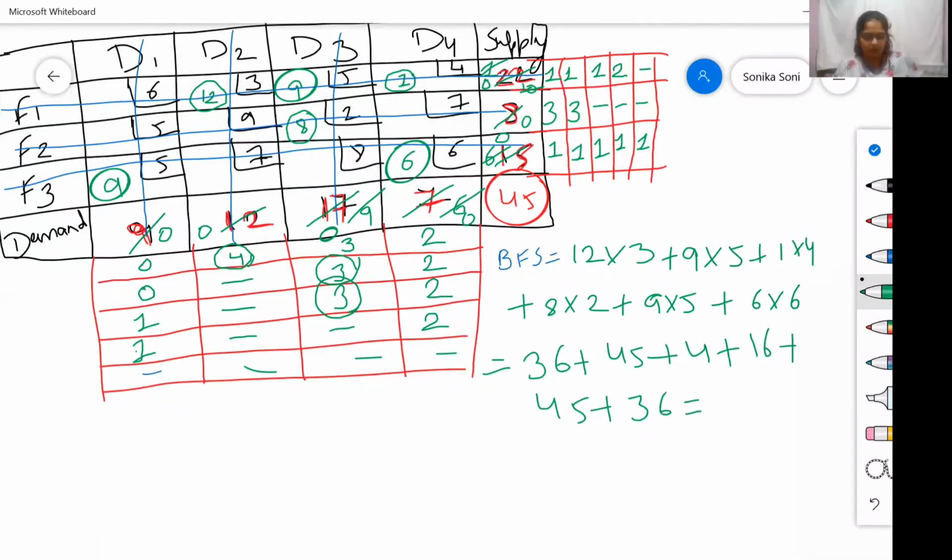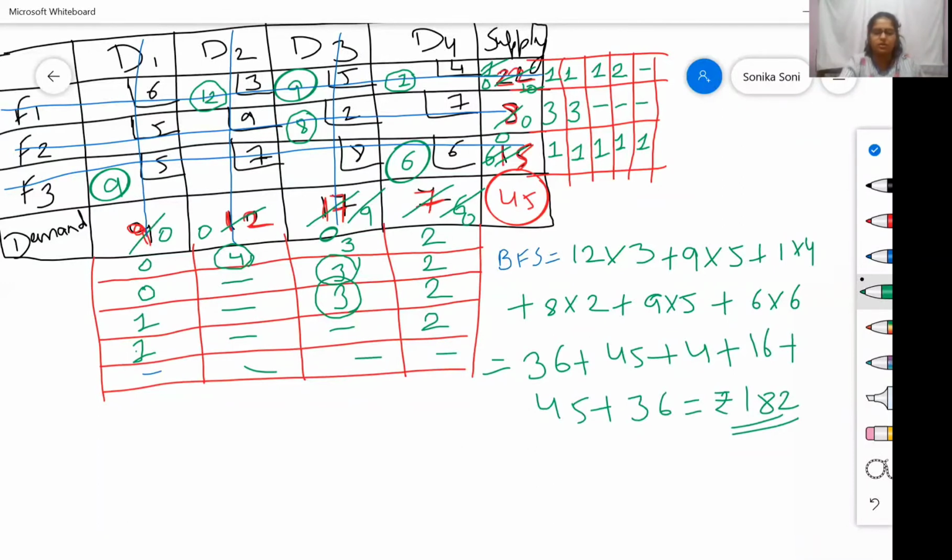When we add all this, we get the total transportation cost. We got rupees 182 as the total transportation cost.